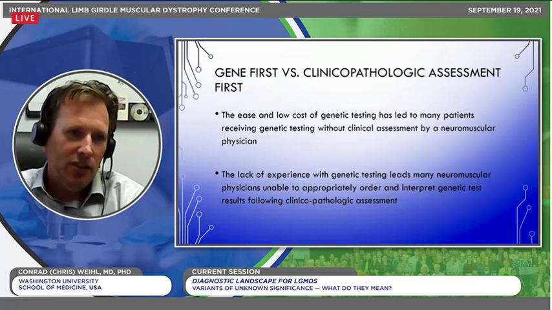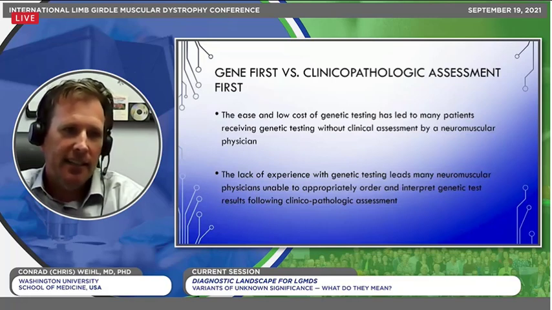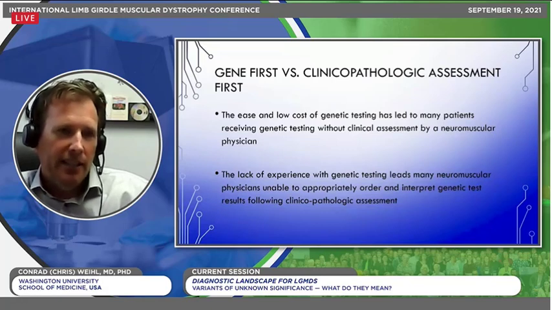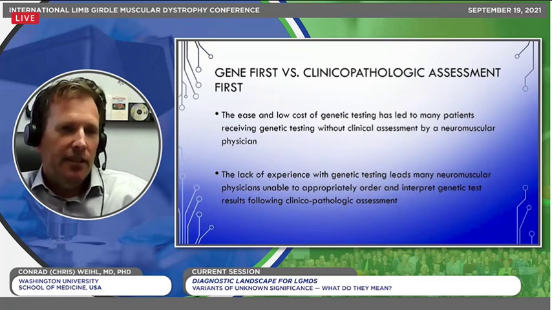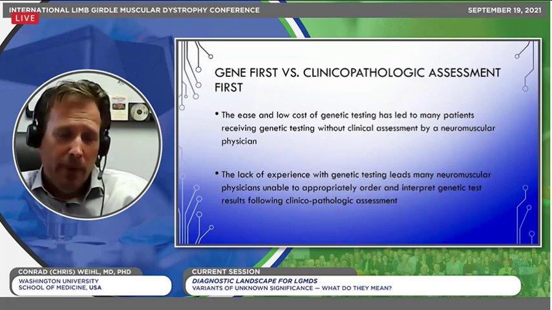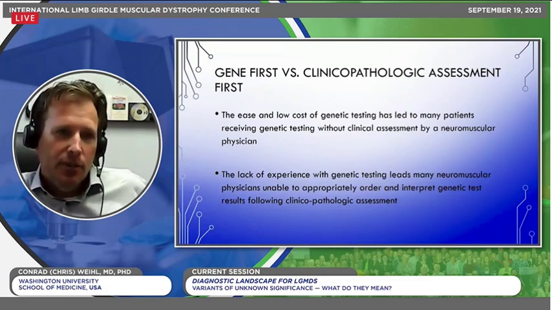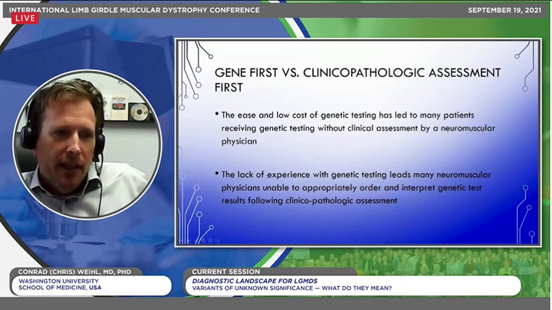The ease and the low cost of genetic testing has led many patients to receive genetic testing first without clinical assessment by a neuromuscular physician. And I think we need to acknowledge that that's a reality that's happening, that in many cases, gene testing is being done first, and we could imagine a day where gene testing will be done before anyone even sees a physician. And so that's one approach.